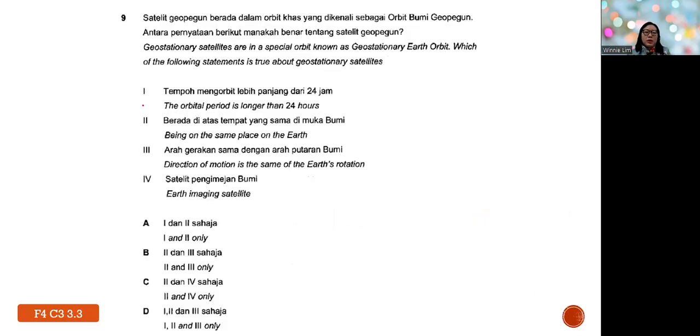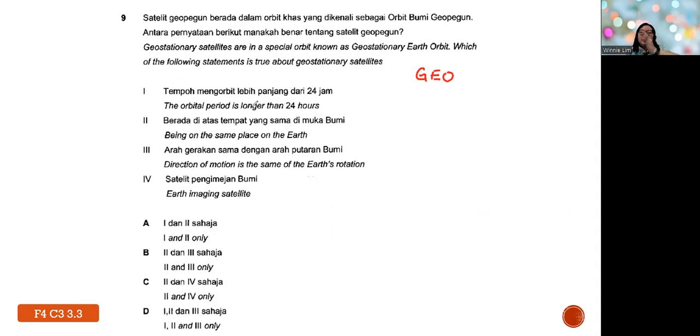Okay, next question regarding the satellite. Geostationary satellites are in a special orbit known as geostationary Earth orbit, short form GEO. Which of the following statements is true about geostationary satellites? Basically, they follow the Earth.